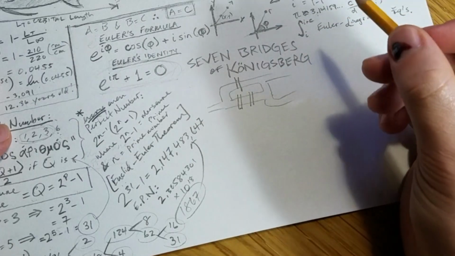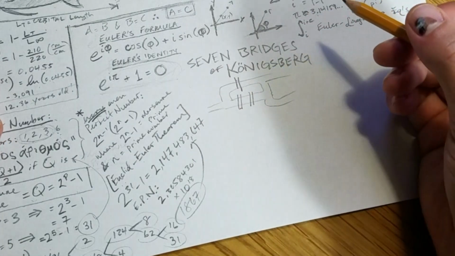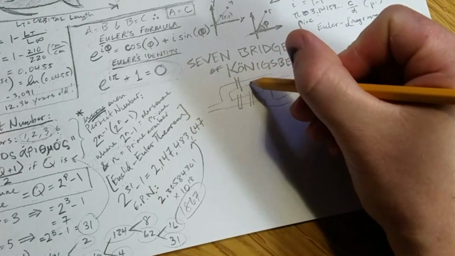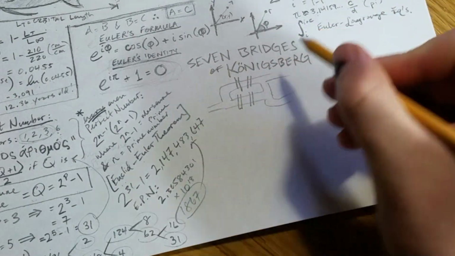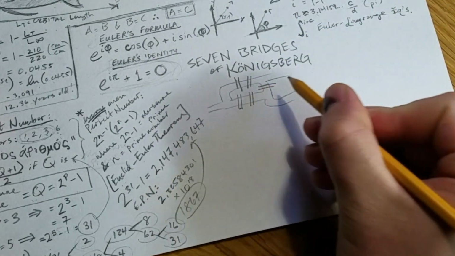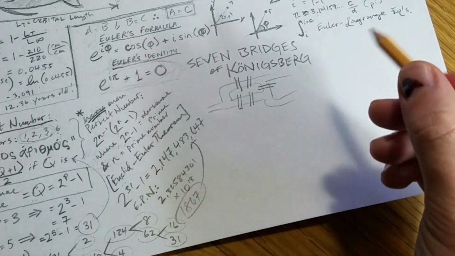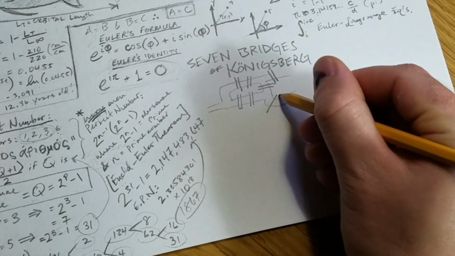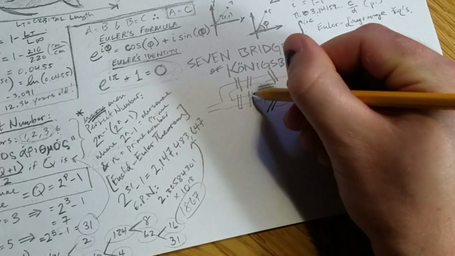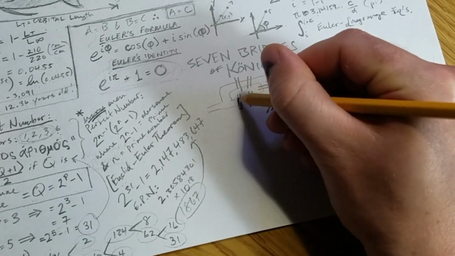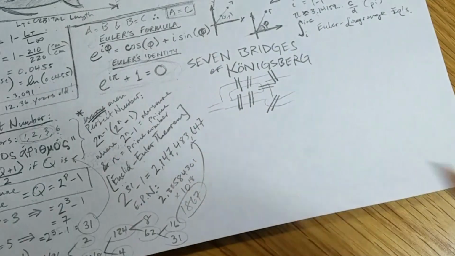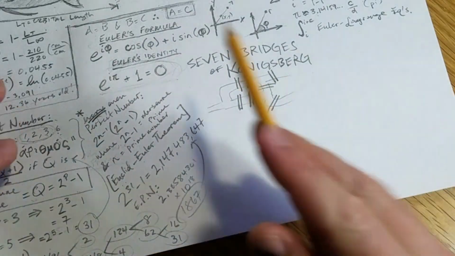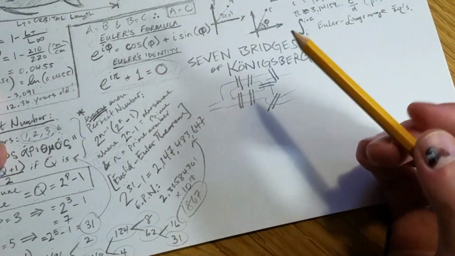So you got 5 total bridges connecting the island, and then 2 more additional bridges connecting the mainland across the river at a downstream point.